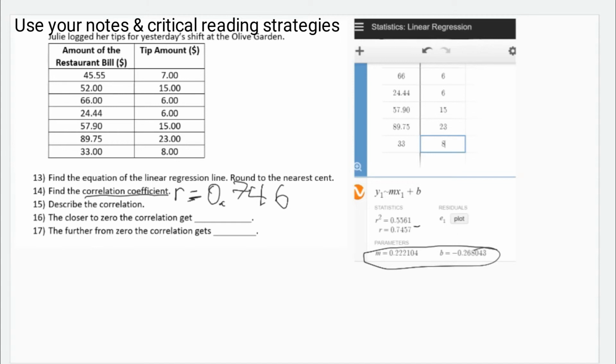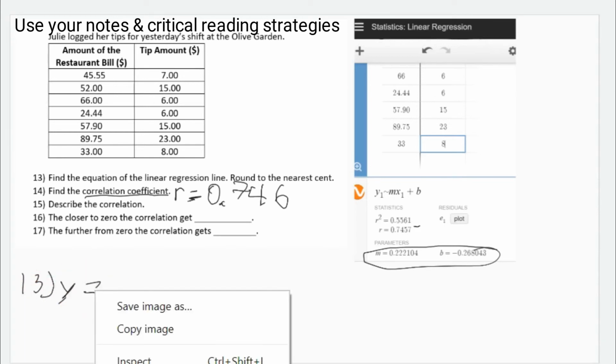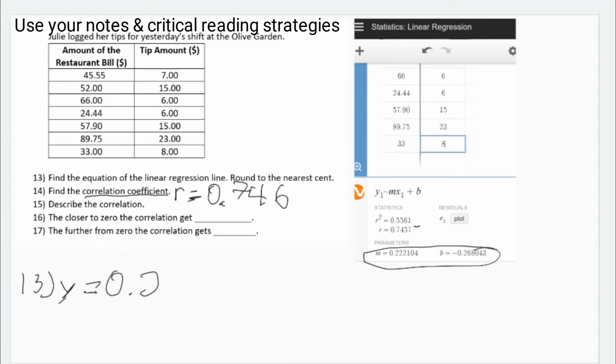Okay, and we're going to write the equation, so I'll write it down here. So y is going to be equal to 0.222x plus, and it's going to be negative 0.268. Okay, so that's coming from right there.